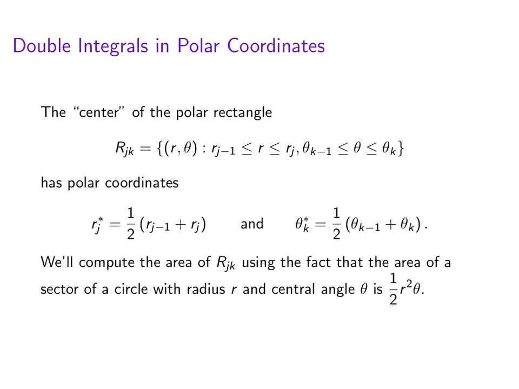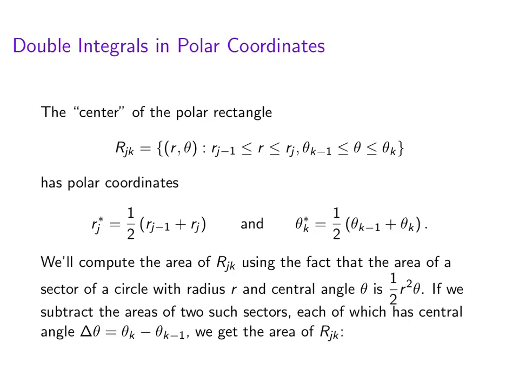We'll compute the area of this polar subrectangle using the fact that the area of a sector of a circle with radius r and central angle theta is 1/2 r squared theta. Now if we subtract the areas of two such sectors, each of which has central angle delta theta, we'll get the area of R sub jk.